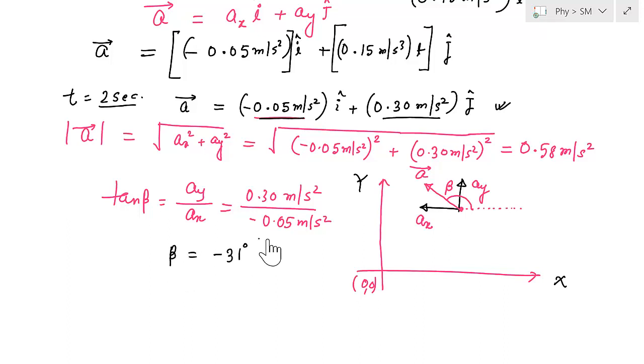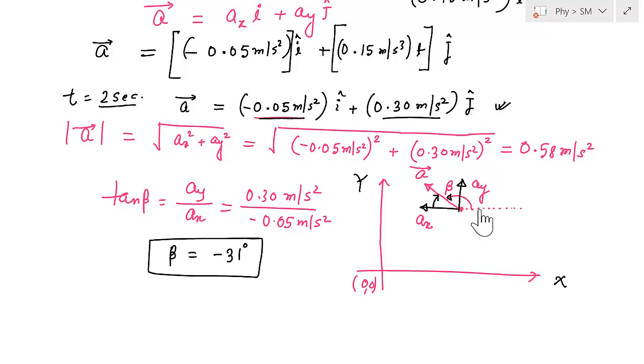Now what does this minus sign say? It says that if you count the angle from this side, it is 31 degree. But if you want to count from this side, you have to subtract from 180.